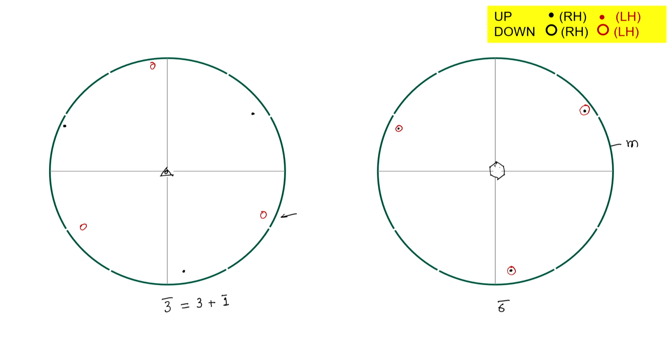So, the six-fold roto inversion graphical notation is a hexagon with an inscribed triangle. But one thing is very clear from this diagram, that this 6 bar can be represented by this particular symmetry 3 upon m, or this particular point group 3 upon m, because there is a three-fold rotation and there is a mirror plane perpendicular to three-fold rotation, which will give me the same stereogram.